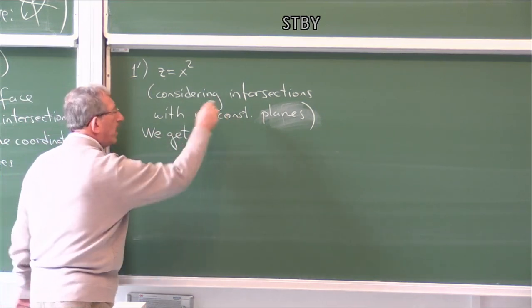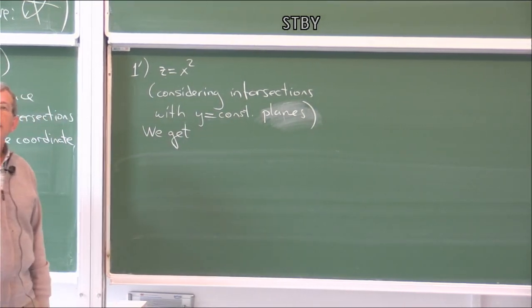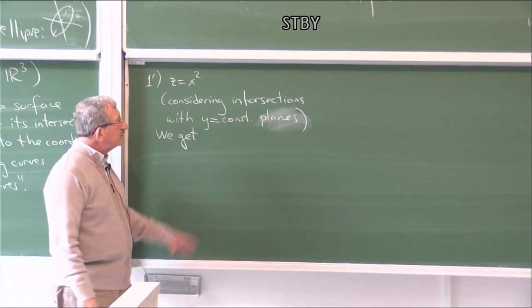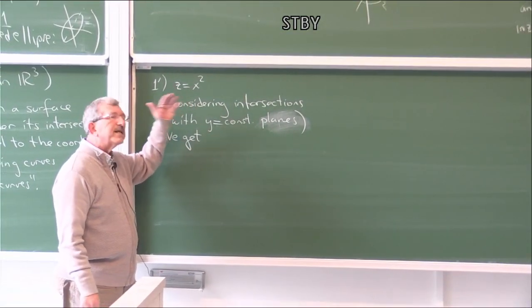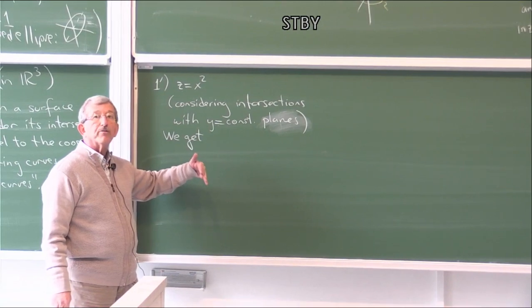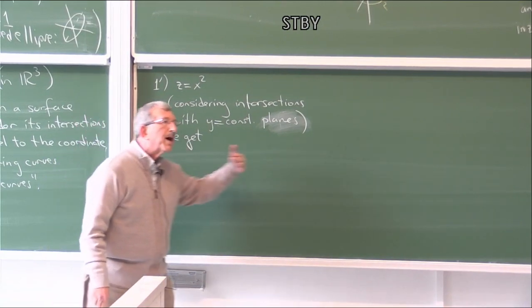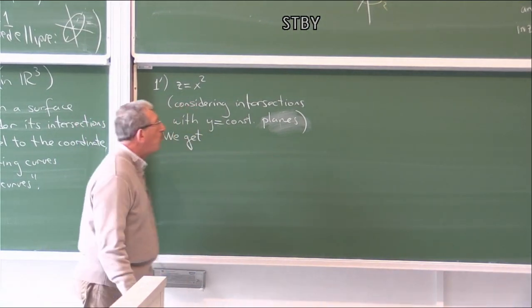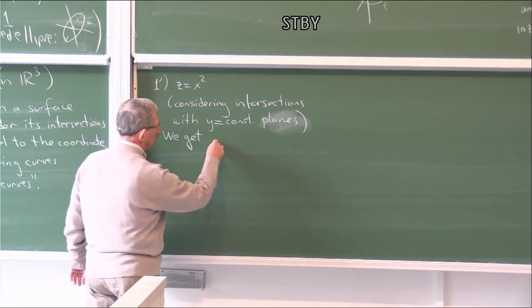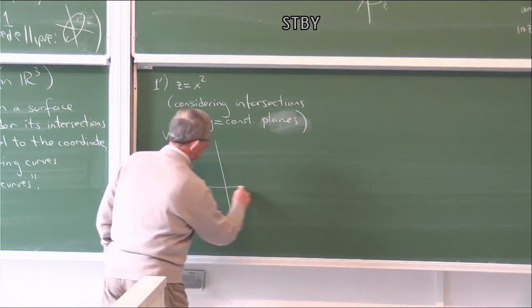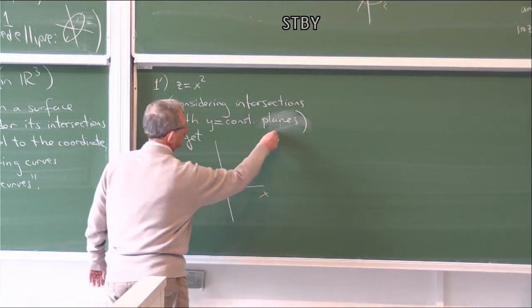Now, what is the y equal to constant plane? Well, that is just like the zx plane, where y is 0, but moved parallel along the y-axis. So it looks like this. This is x, and this is y.